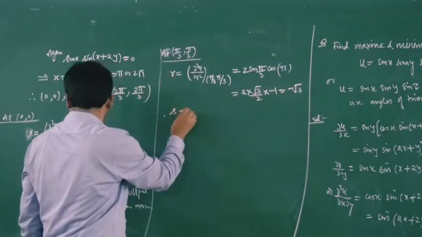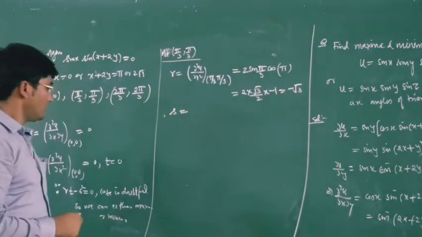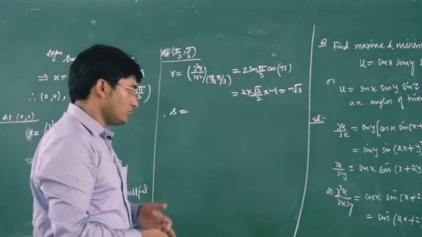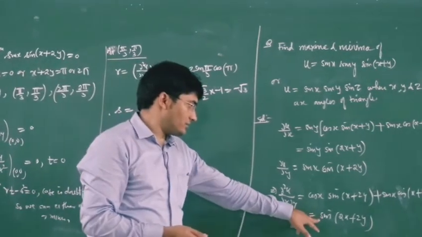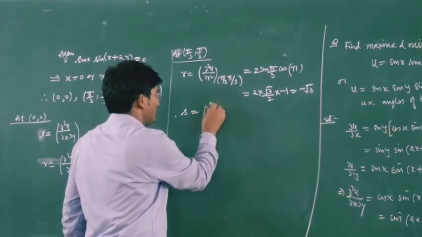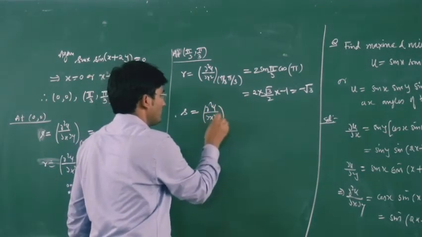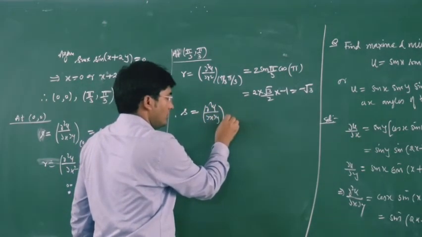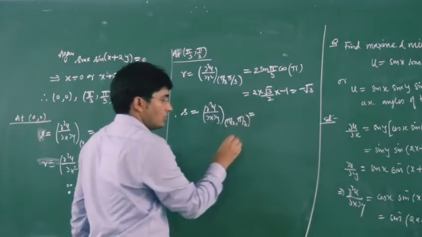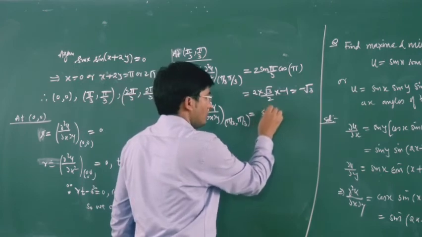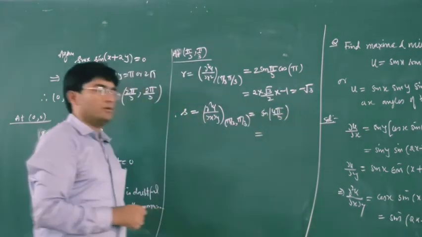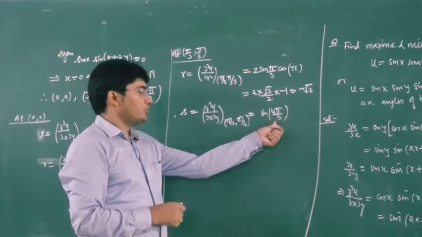Our s was del t upon del x del y at pi by 3, pi by 3. So this is equal to sin 4 pi by 3, and sin 4 pi by 3 will be sin 240 degree.